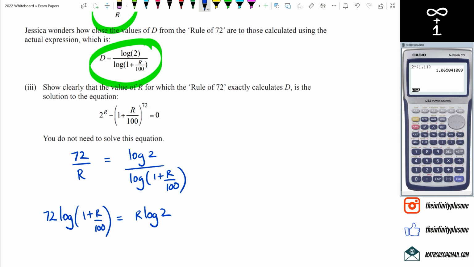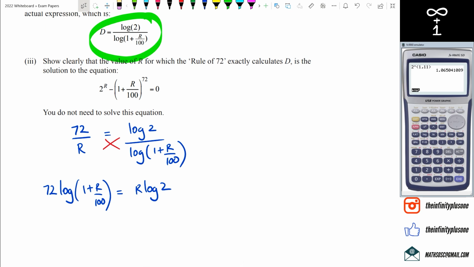Because all I've done is cross multiplied both of those things, right? So next thing is I can actually get rid of the logs. But before I get rid of the logs, I want to get rid of the 72 and R. Because remember, those are powers. So I could actually bring it back in front of the bases as powers.